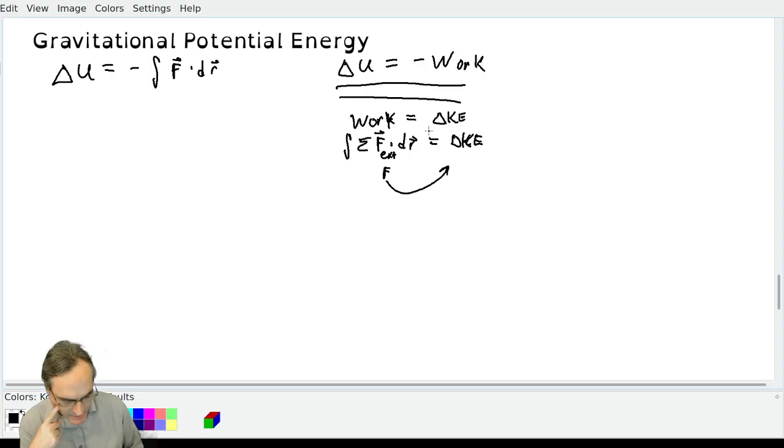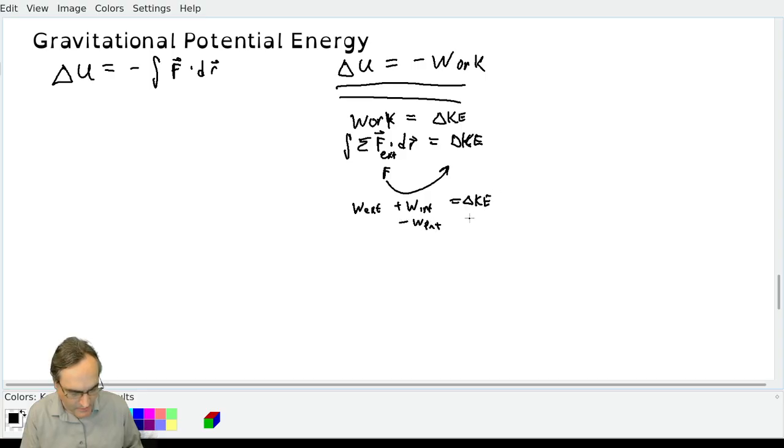So when we try and create a potential energy, we're taking one of those forces away as an external force, and we're starting to treat it as an internal force and moving it in the process to the other side. So essentially we'll have a work done by external forces plus a work by a force that we're now going to treat as internal, equal to the change in kinetic energy, and we subtract the one that we want to make internal from both sides.